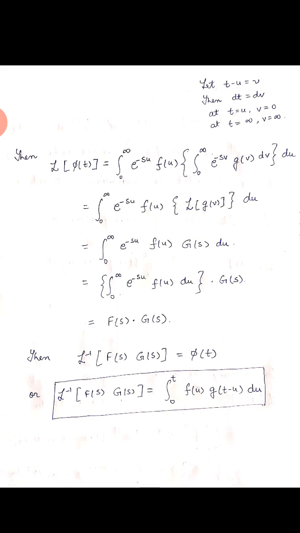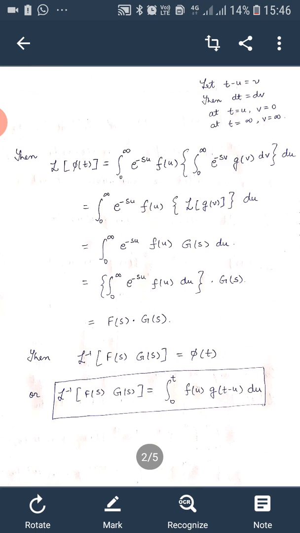Again I am substituting here. I am considering t minus u equal to another variable nu. Then dt is going to be equal to d nu, and the limits will also change. At t equal to u, nu will become 0, and at t equal to infinity, nu will become infinity.